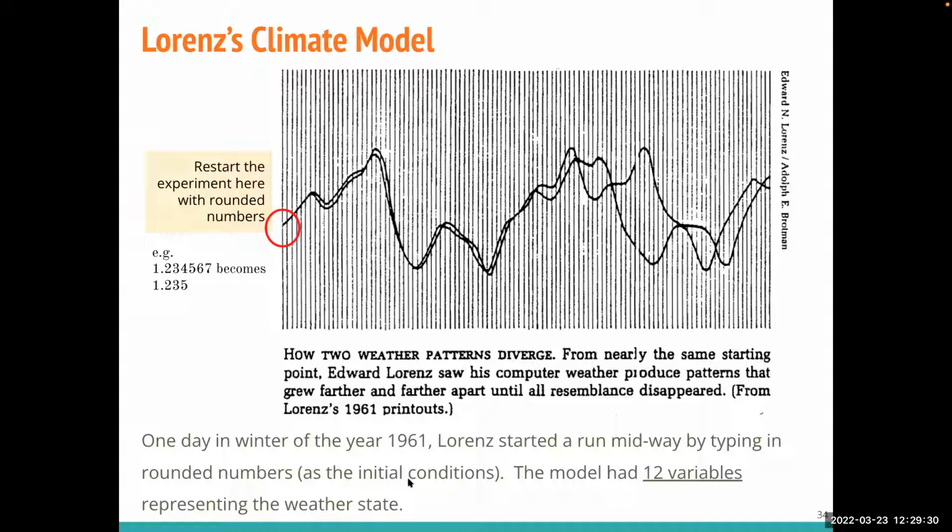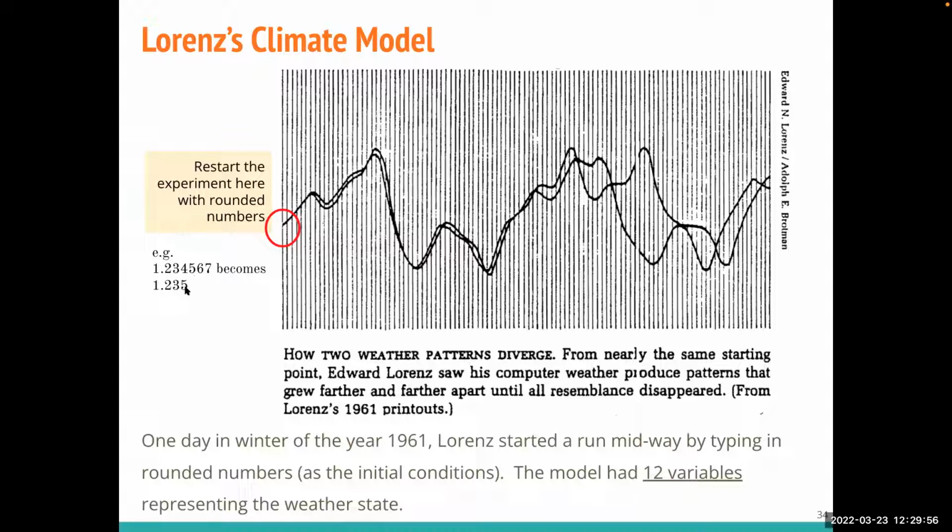The model had 12 variables representing the weather state. He found that his original run doesn't give the same result as the run that he had just started. The new run and the old run don't match each other, even though he thought they started with the same numbers, right?